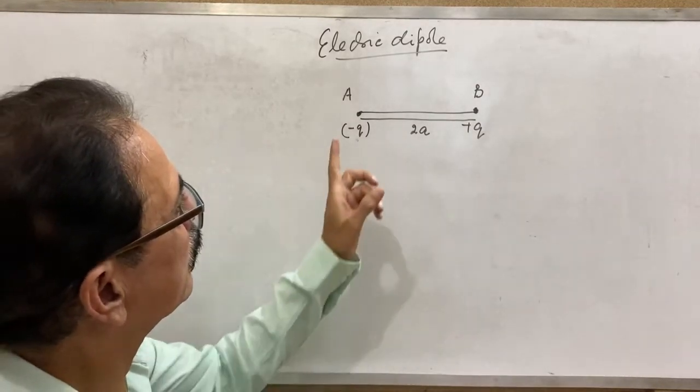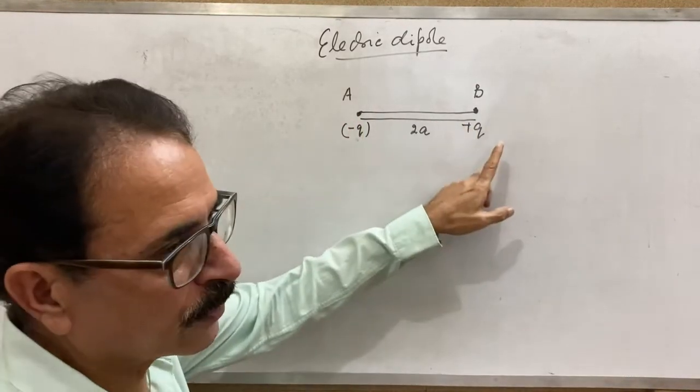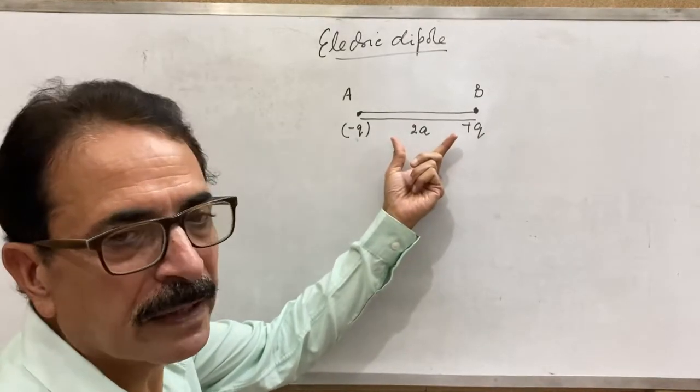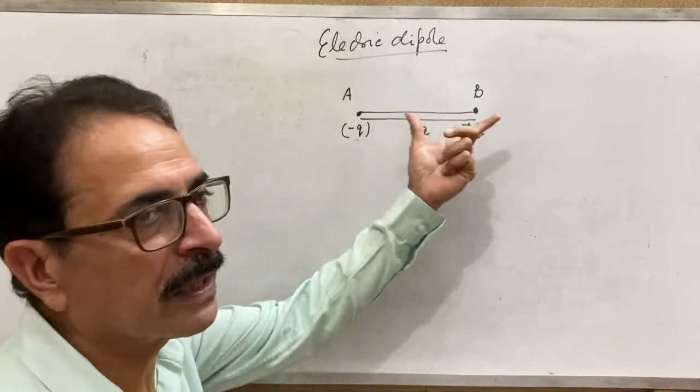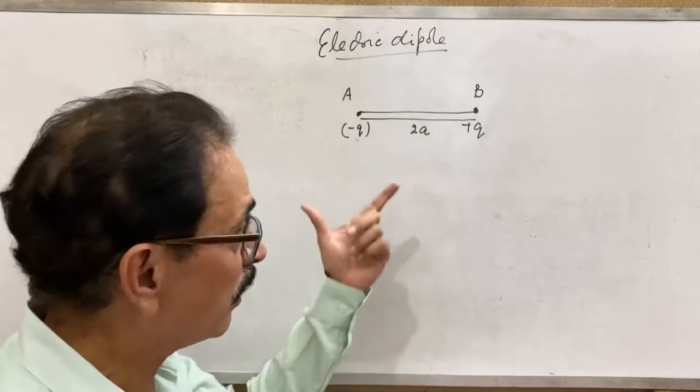This minus q and plus q separated by a finite distance 2a form an electric dipole. This is called an electric dipole.